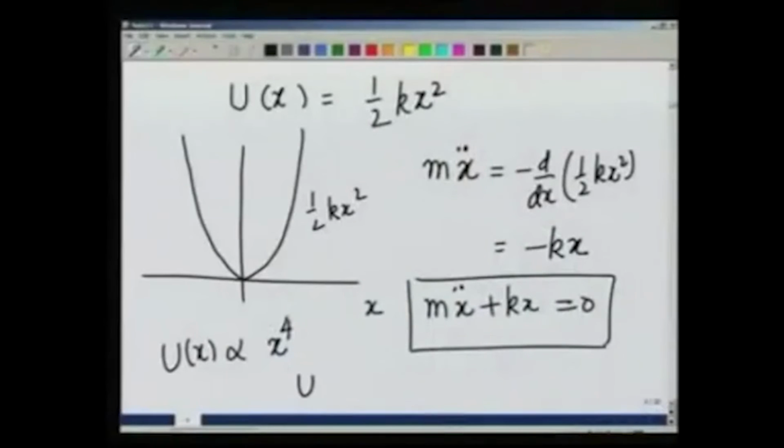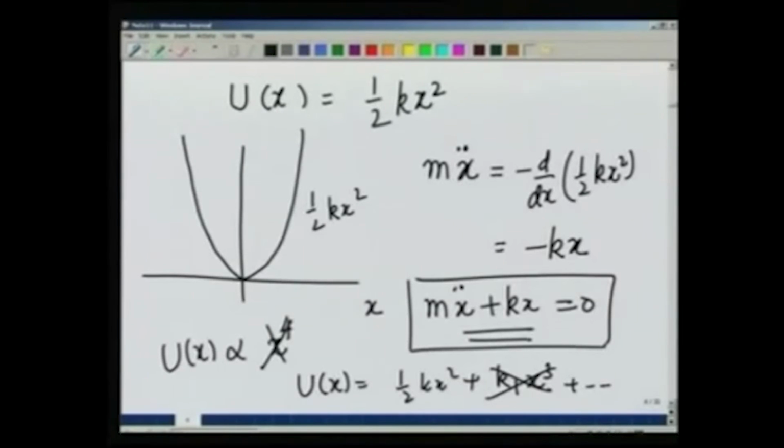For example, I could have U(x) equal to 1/2 kx squared plus, let's say, k1 x cubed, and so on. If I neglect all these and I assume that only the second order is non-zero, then this is the equation of motion, and therefore this is known as the simple harmonic motion.